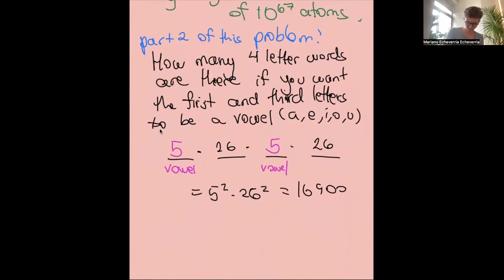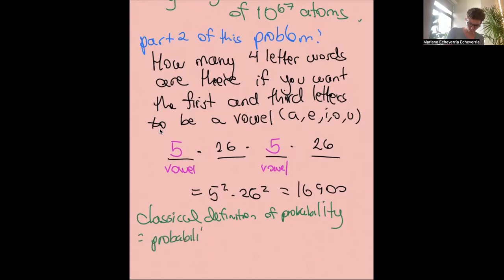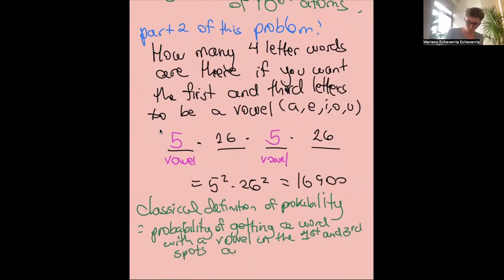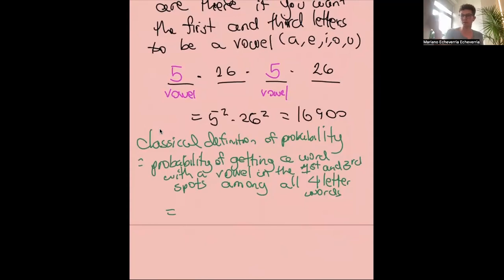So in the classical definition of probability, the probability of getting a word with a vowel in the first and third spots among all the 4-letter words would be, again, you consider the number of positive outcomes.